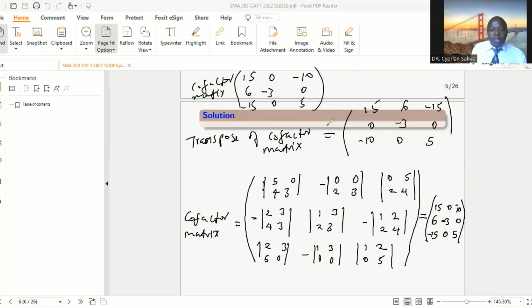So this is the transpose of this matrix, and of course, it's what we call the adjoint of matrix A. That's what the question wanted us to do. So we then move to the next question.